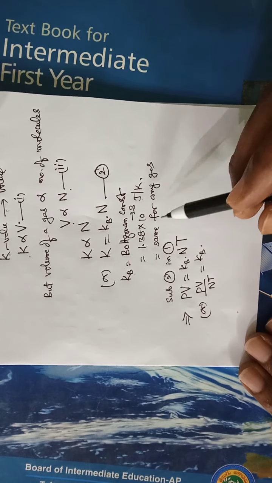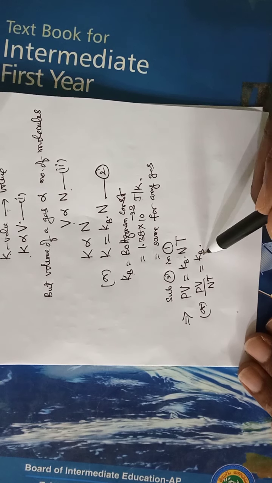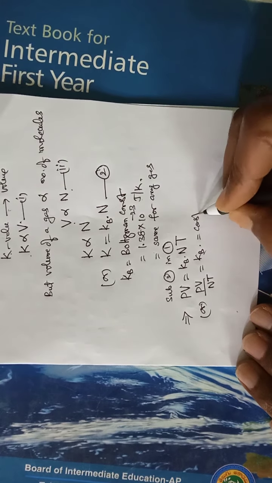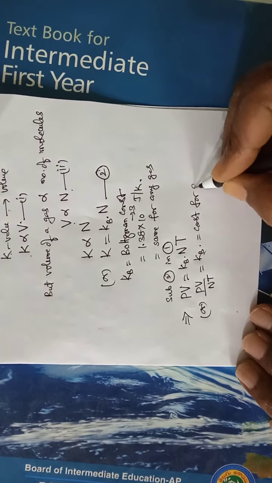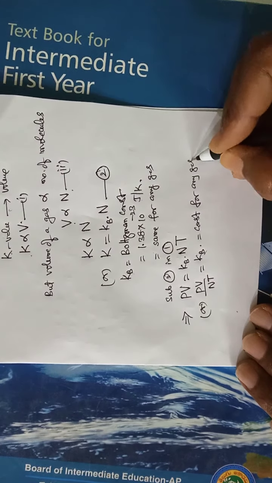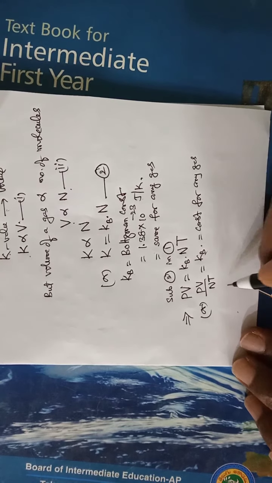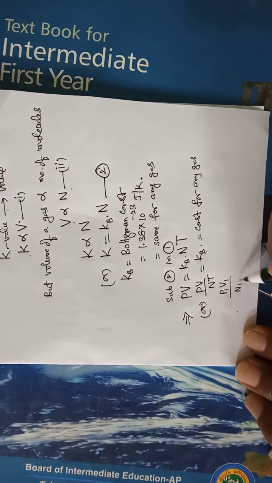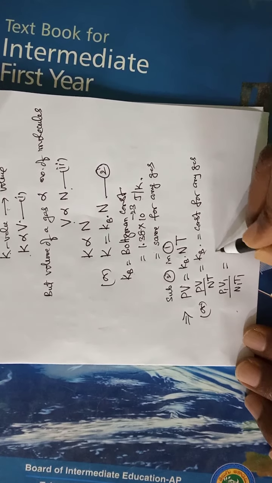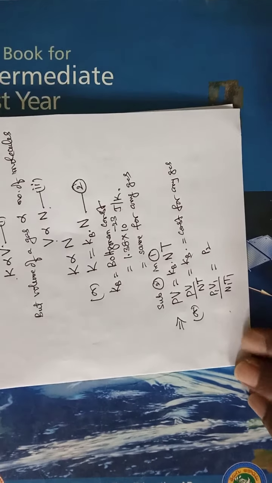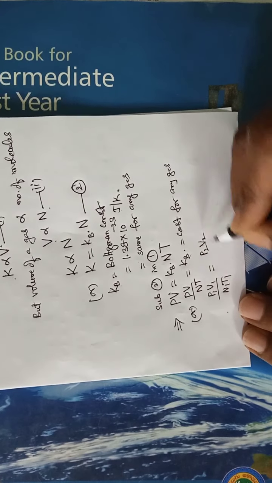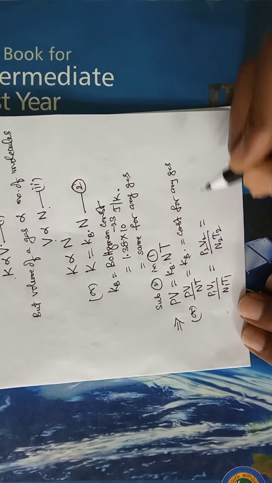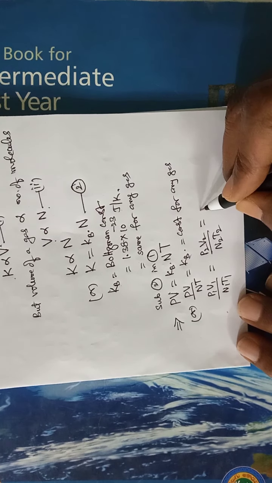And just now we said the KB value is the same for any gas. We can write P1 V1 by N1 T1 is equal to P2 V2 by N2 T2 is equal to, and so on.